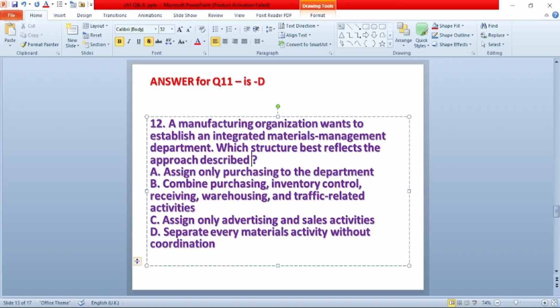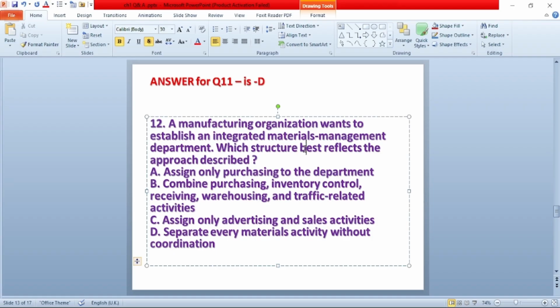C. Assign only advertising and sales activities. D. Separate every materials activity without coordination. The answer for this question is B. Combine purchasing, inventory control, receiving, warehousing, and traffic related activities.